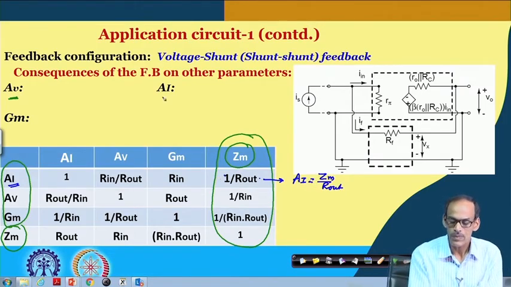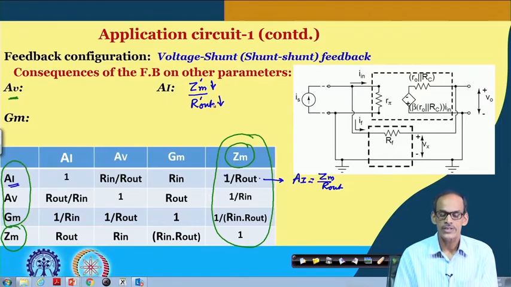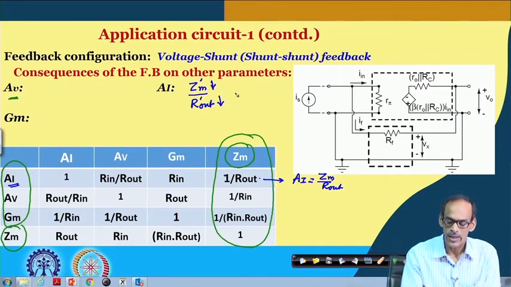Since this Ai has an expression of Zm divided by R out, whether they are load affected or not, both of them get reduced by the same desensitization factor, and hence no changes.